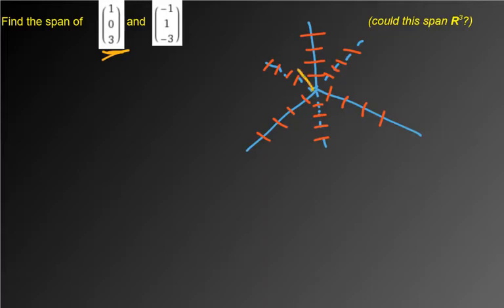So I'm going to say it's kind of like that. And then we'll do purple. The other one is -1 in the x, 1 in the y, and then down 3. So it's kind of like dropping down like that.